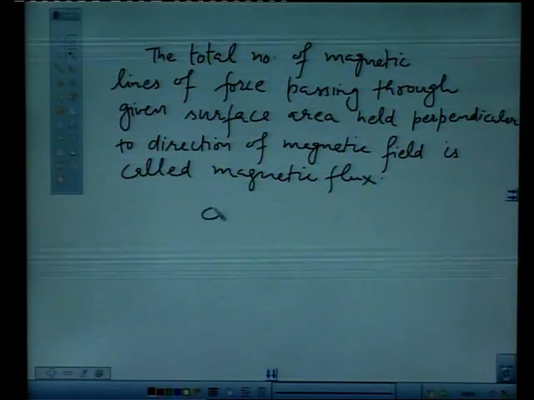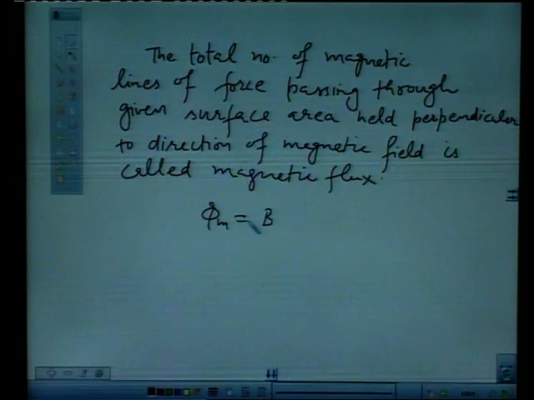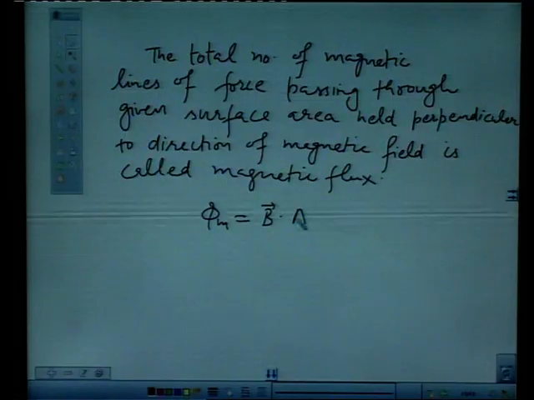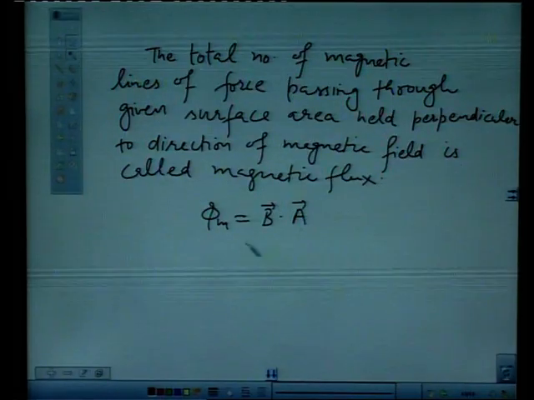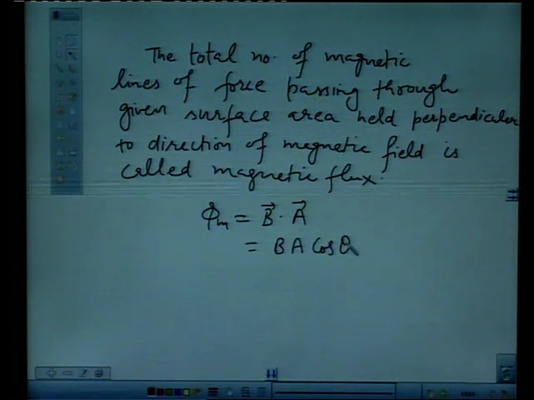So, magnetic flux phi m is equal to B vector dot A vector. This is equal to B A cos theta.